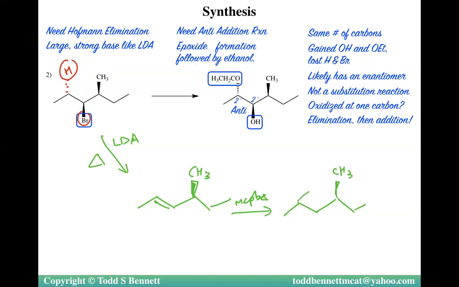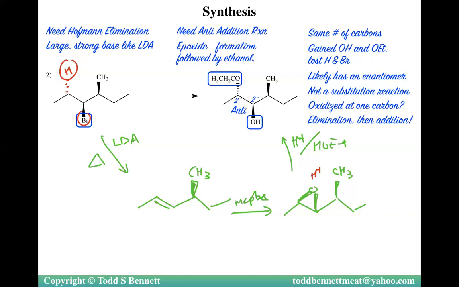Reality is I could get two. So I could get this epoxide in front as I've drawn, or I could get it going in back as well. If I do my second step, where I do H plus and ethanol, then I can protonate this.